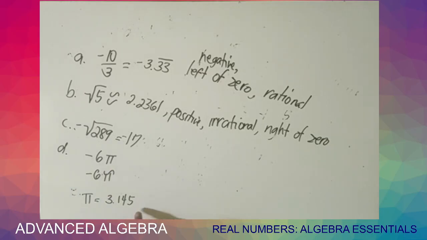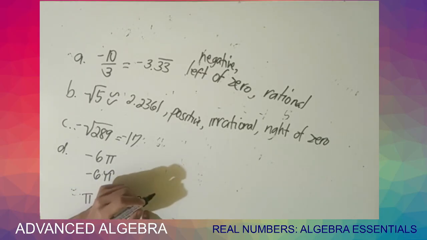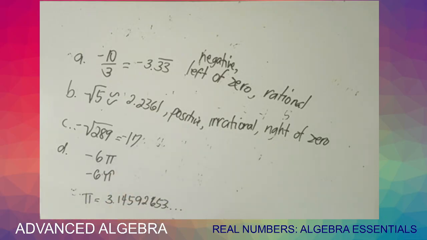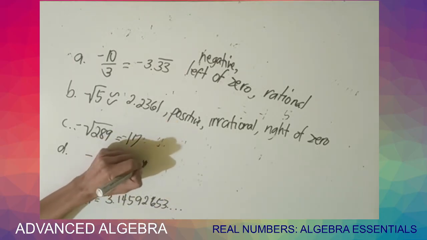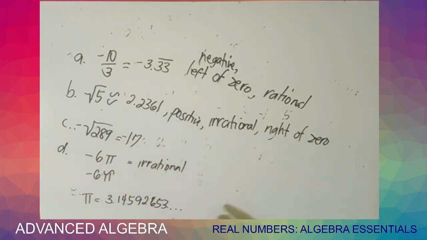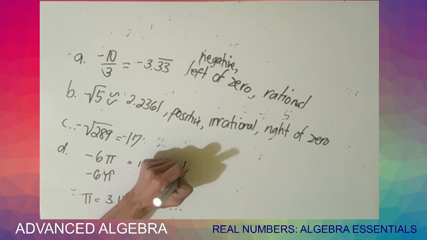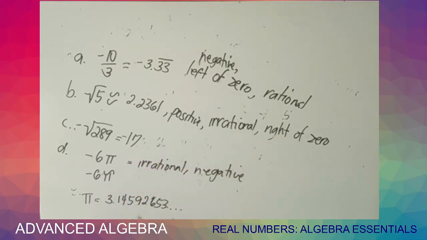Okay. So, 3.14592653. Madami, mahaba yan. This means that whenever we encounter pi in our examples or numbers, as the given, it is irrational. Okay? It is an irrational number, and it is negative. This is the value: 3.14592653. Since there are more digits after, we can round it off.